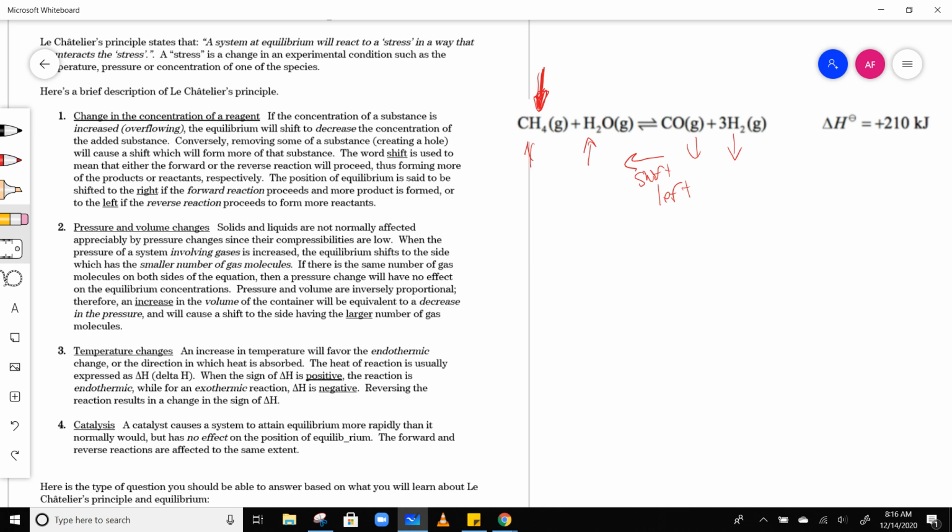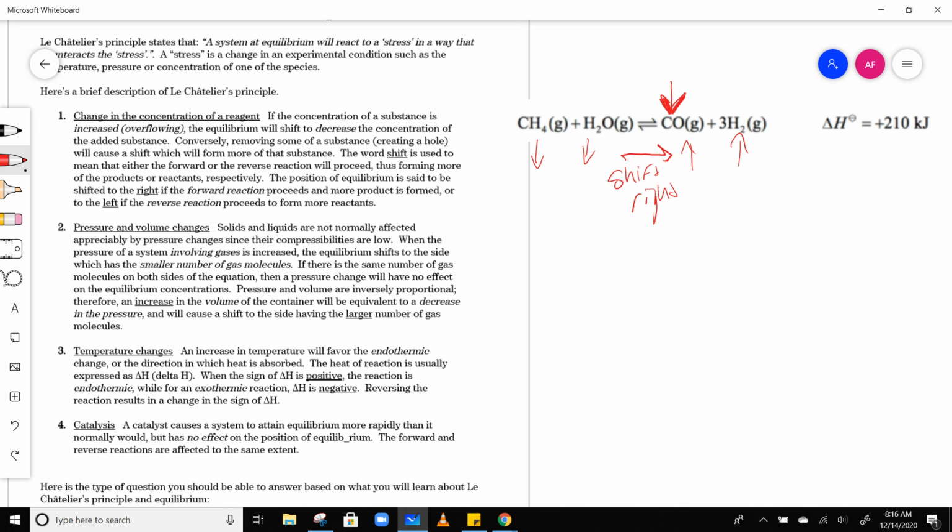Same thing if we remove a product. If we remove CO, if that goes down, we're going to create a hole here. We need to fill that hole, so the reaction is going to shift to the right. Okay, and then these two are going to go down, and these two are going to go up.